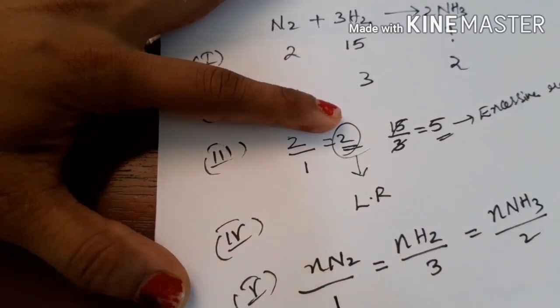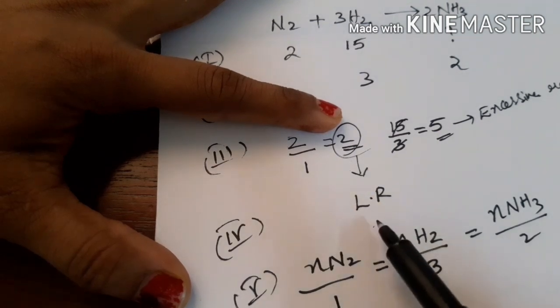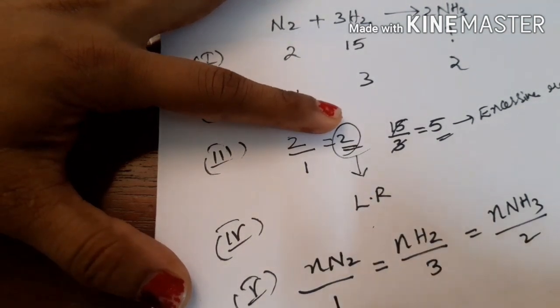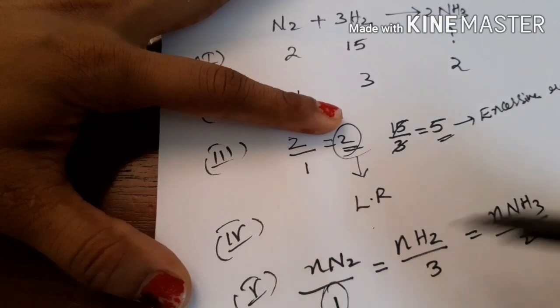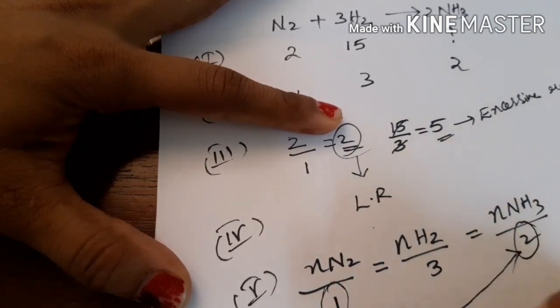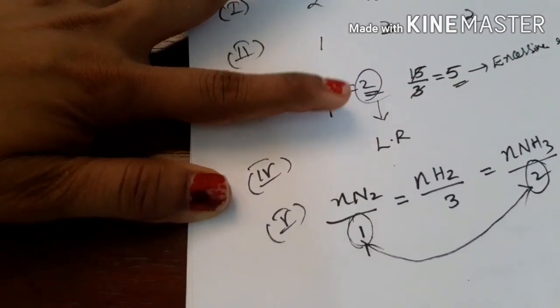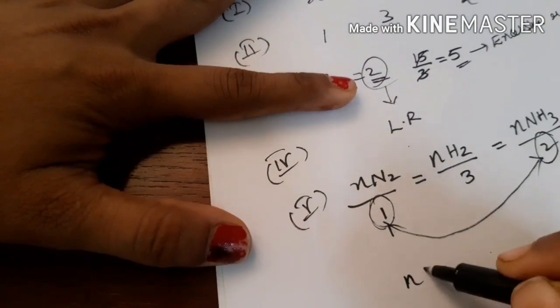We already know that the limiting reagent is nitrogen, and we can analyze this nitrogen with the ammonia. This is mole-mole analysis. If we analyze these two, then we can get the formation of product.